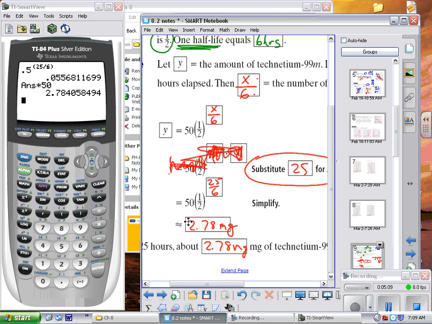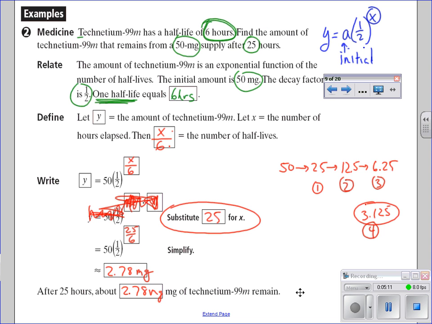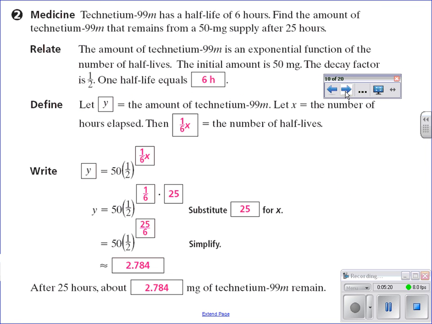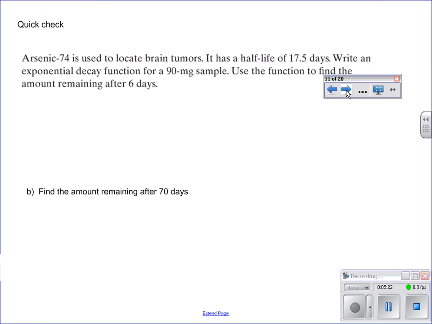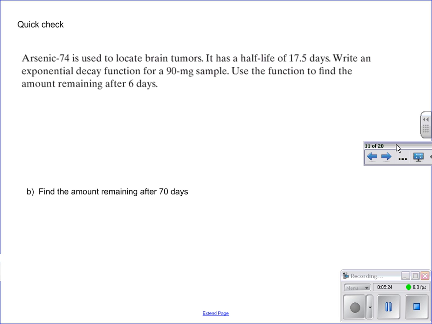All right, now we're going to do the quick check. If you jump down past example 3, we'll do the quick check together. Arsenic 74: again, the 74 doesn't mean anything. The half-life of 17.5 days means something.